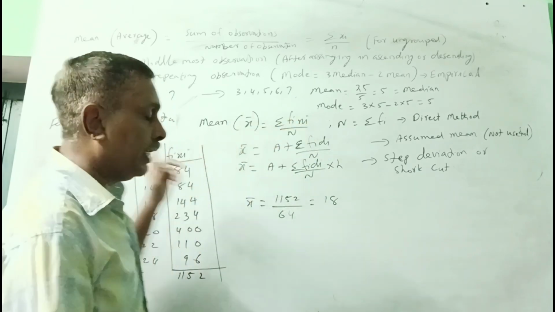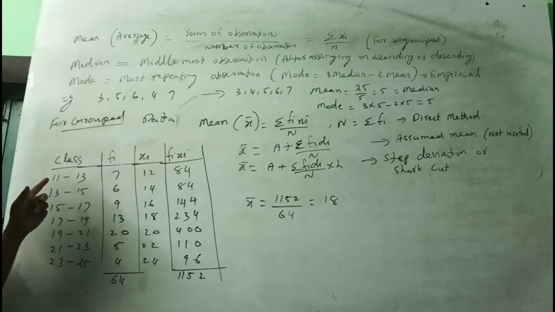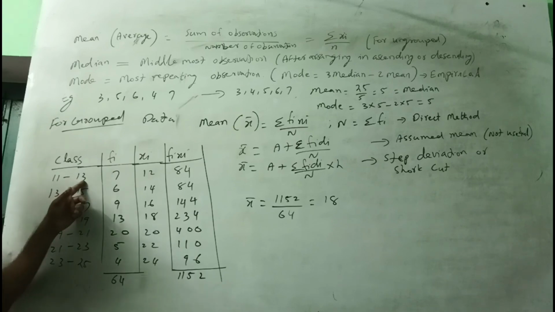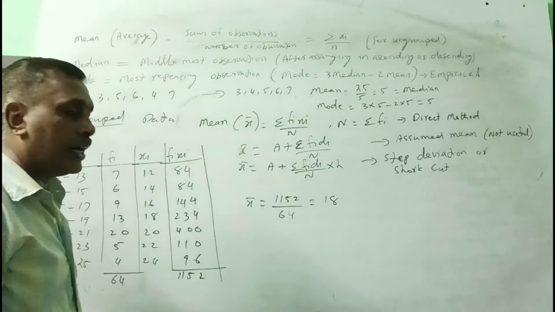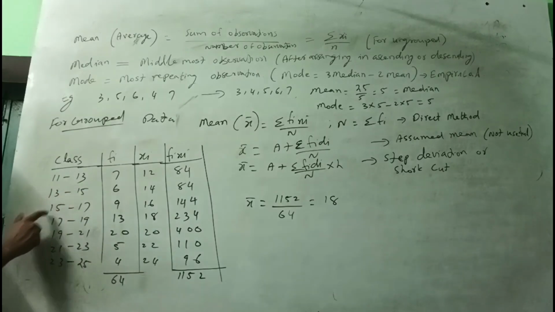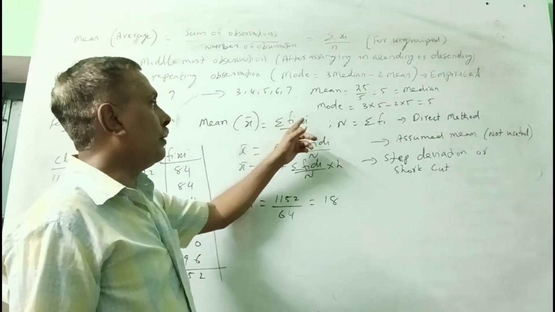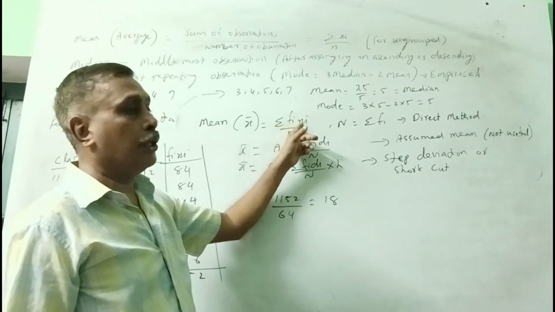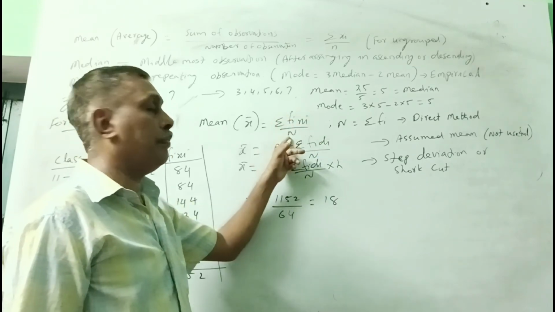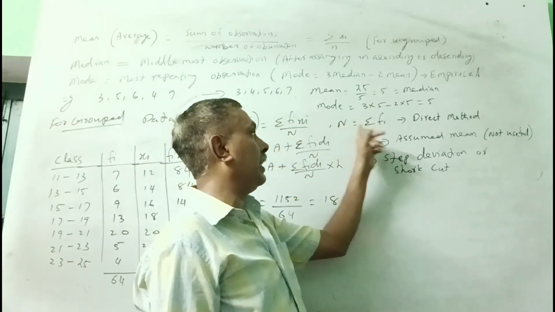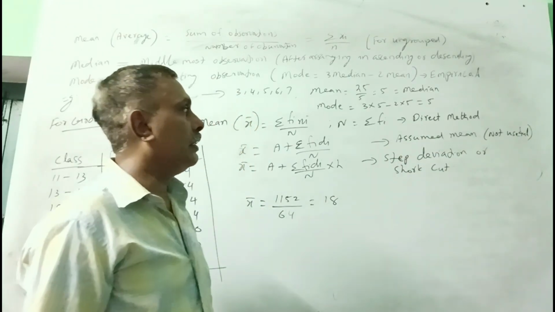You studied in 9th standard, lower limit plus upper limit upon 2, which is also called class mark, for the mid values. So sigma fi xi means you multiply fi and xi, take the total, and divide by the total frequency, n, the total frequency.